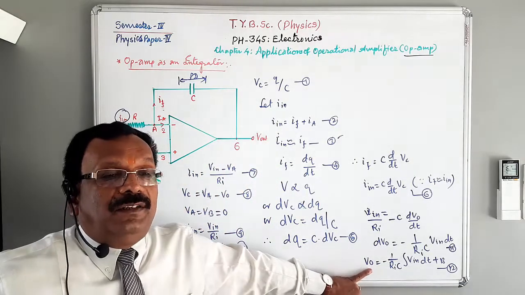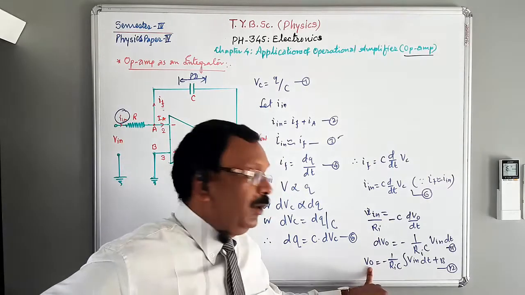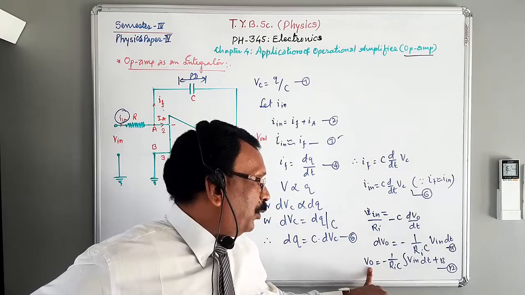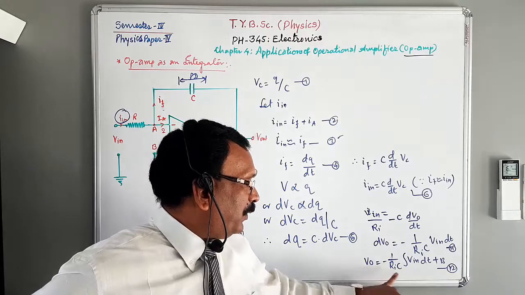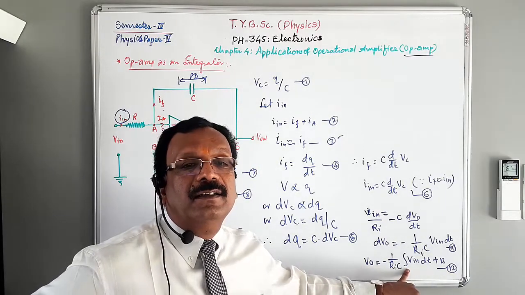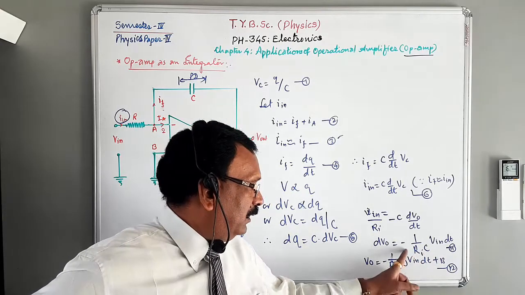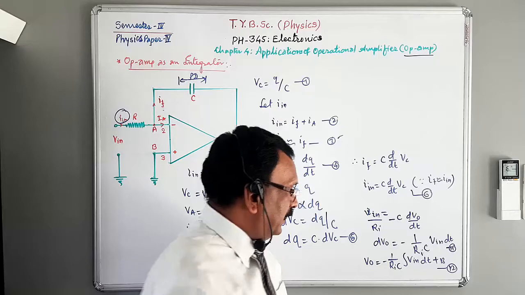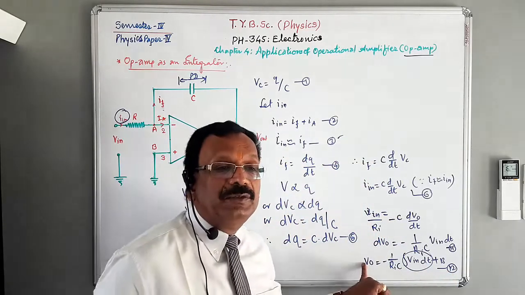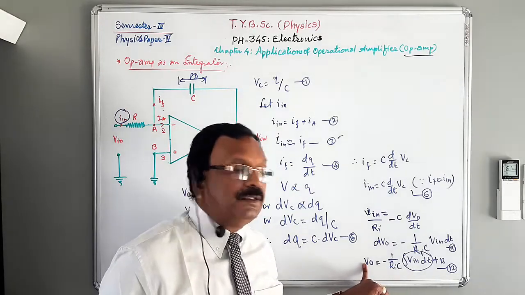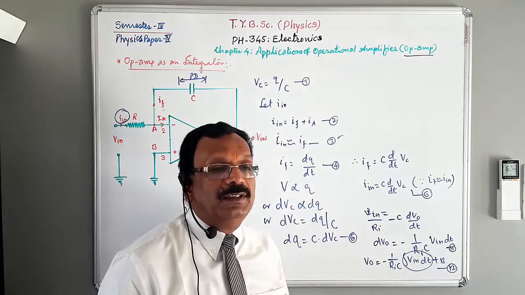From this equation, it is clear that the output voltage V0 is proportional to the integral of the input voltage, VIN dt. So this equation gives that output voltage is proportional to the integral of the input voltage.